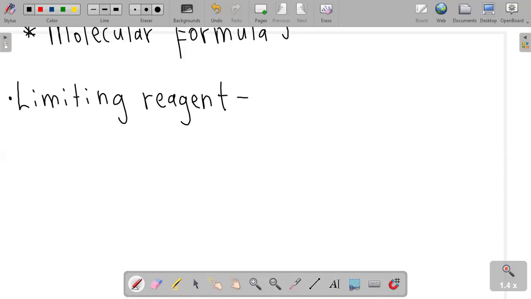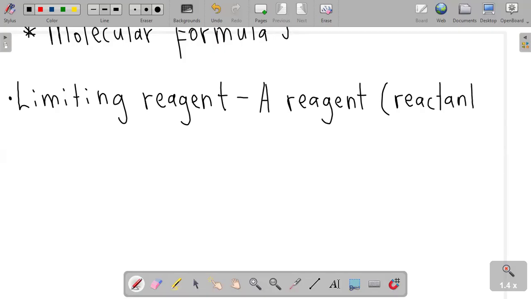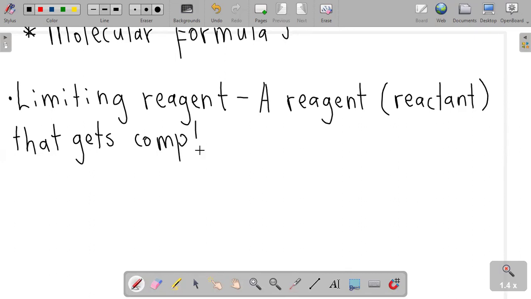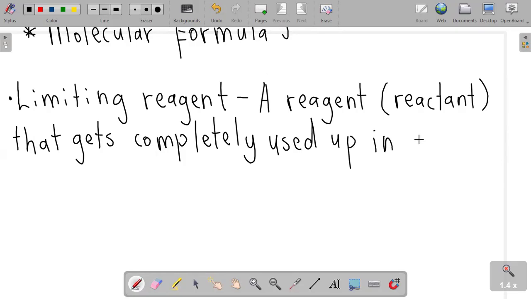A limiting reagent is a reagent, or you can say reactant, that gets completely used up in a chemical reaction.